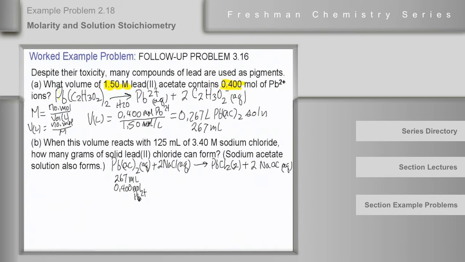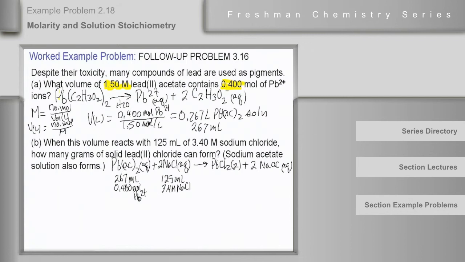Okay, so we have that, and then over here we have 125 milliliters of 3.4 molar sodium chloride, and we want to know how much lead II chloride forms. And that, of course, will be determined by which of these is a limiting reactant. So in order to find that out, we start with both of them.